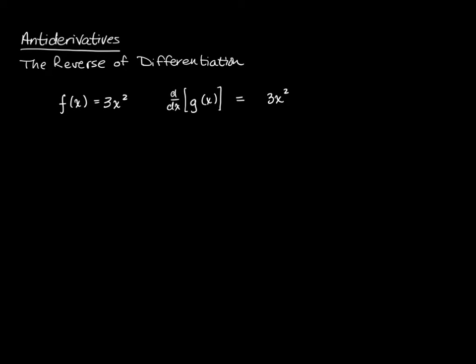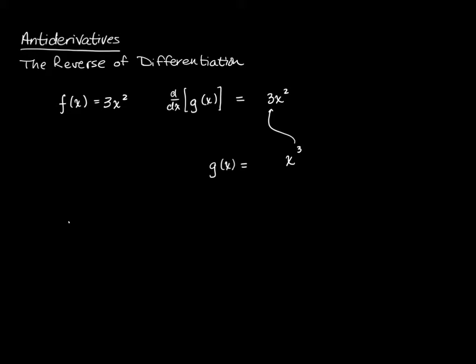Well, we know that when we take the derivative of a function and end up with an x squared type of expression, then that function must have started out as an x cubed type of function. Not only that, but when you take the derivative of x cubed, you end up with 3x squared. So the antiderivative of 3x squared is just x cubed.